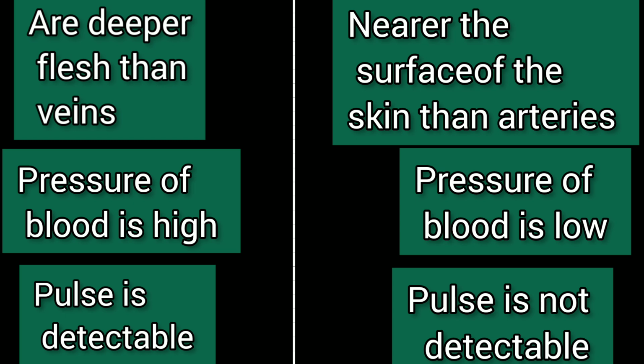Again, arteries are deeper in flesh than veins. Veins are nearer the surface of the skin than arteries. Arteries' pressure of blood is high.